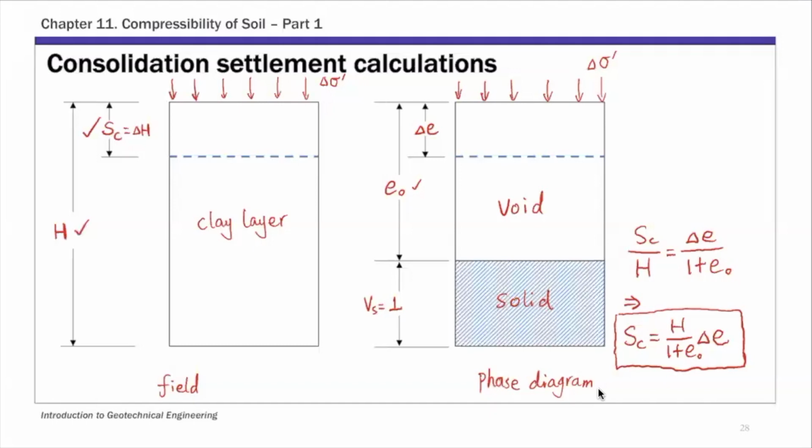Once you get delta e, you can calculate SC. So that's really what consolidation calculation is about, to find this delta e. If you know the void ratio change due to the change in loading, then you can calculate the change in height of that sediment.